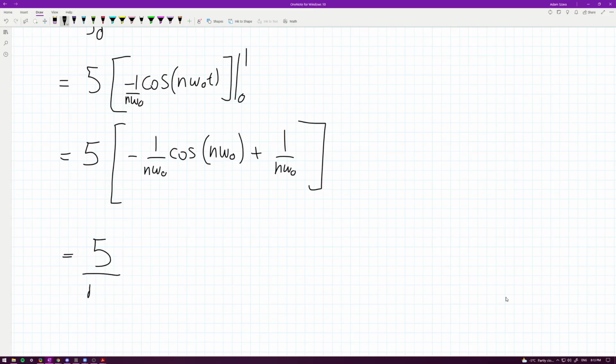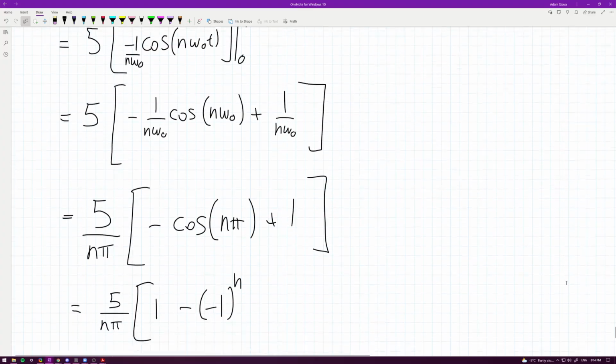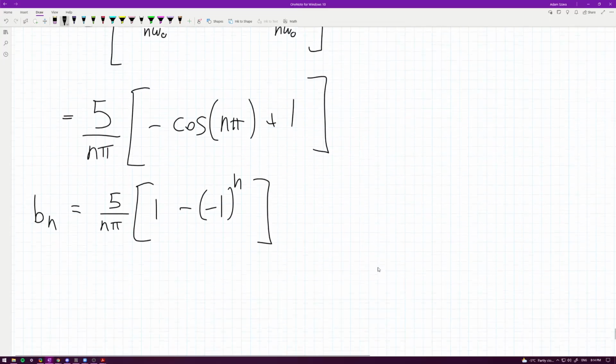So 5 over n pi times negative cosine n pi plus 1, which is 5 over n pi times 1 minus cosine of n pi, which is just negative 1 to the n. So there is our b_n. I did that a lot faster, so if there's any confusion, let me know.